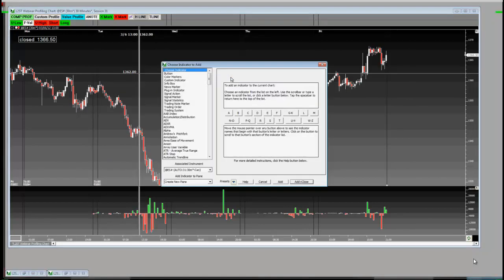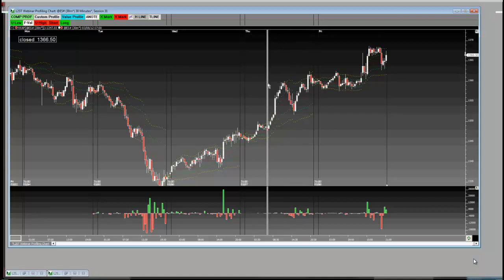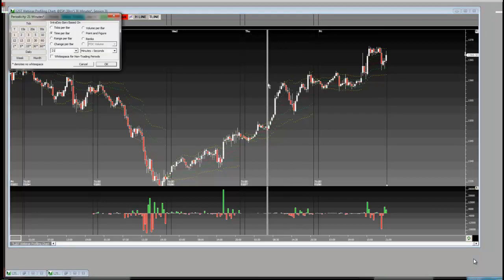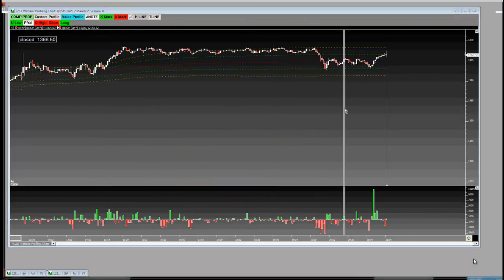Right click on the chart, add the VWAP, volume weighted average price. Looks a little bit like this. Let's just stick with, say, a 5-minute chart, that will probably do.